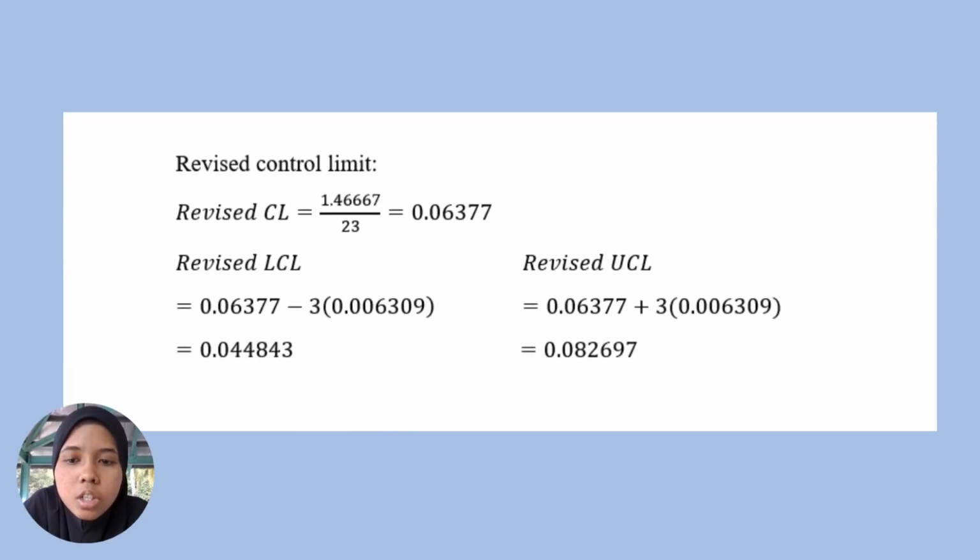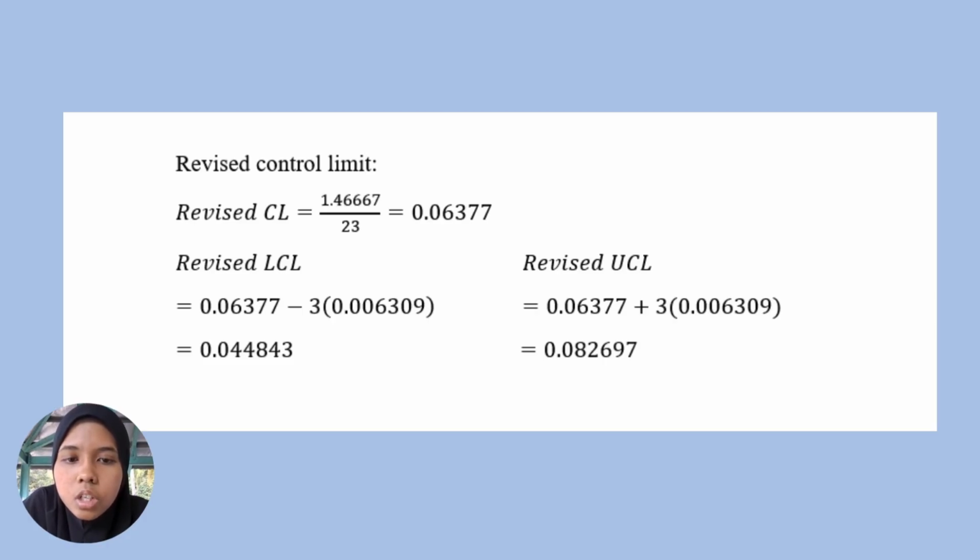Based on the graph for the P chart, we can see that there are 2 points that are out of the control limit. So I would like to show the calculation for the revised control limit for the P chart. For the CL, it is equal to 1.76667 over 23, which is equal to 0.06377.